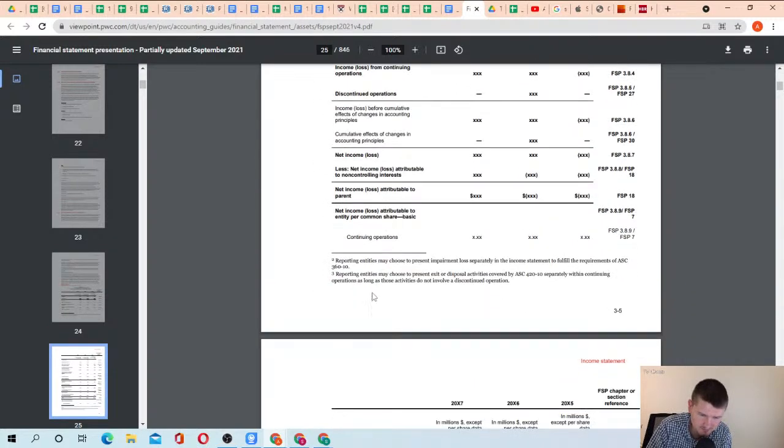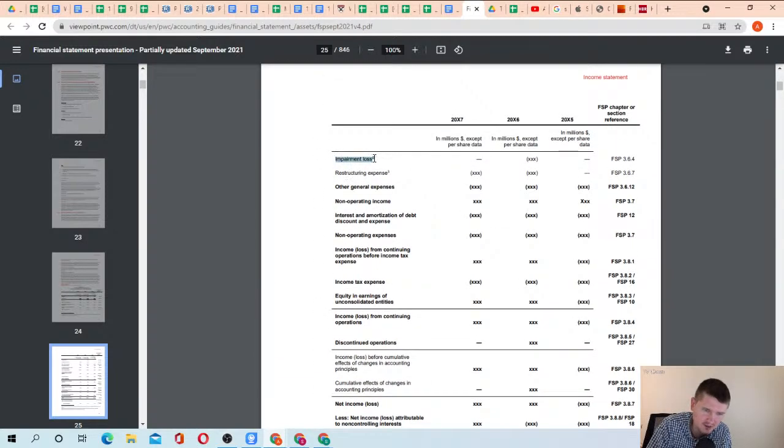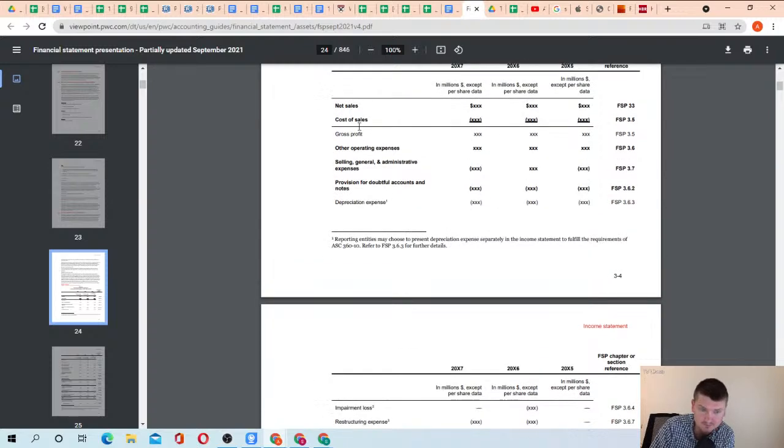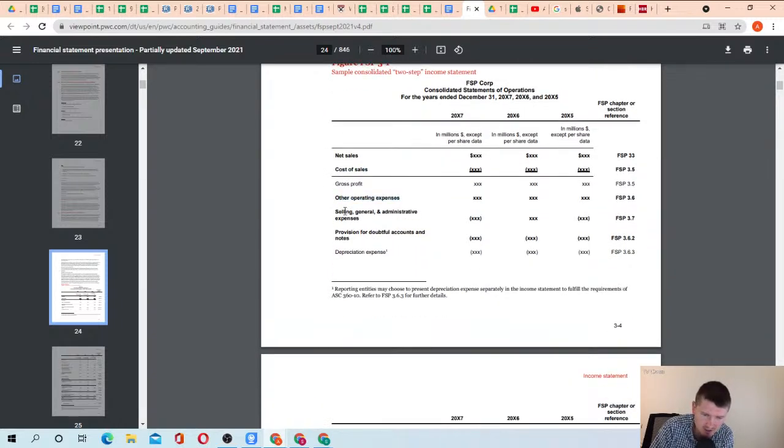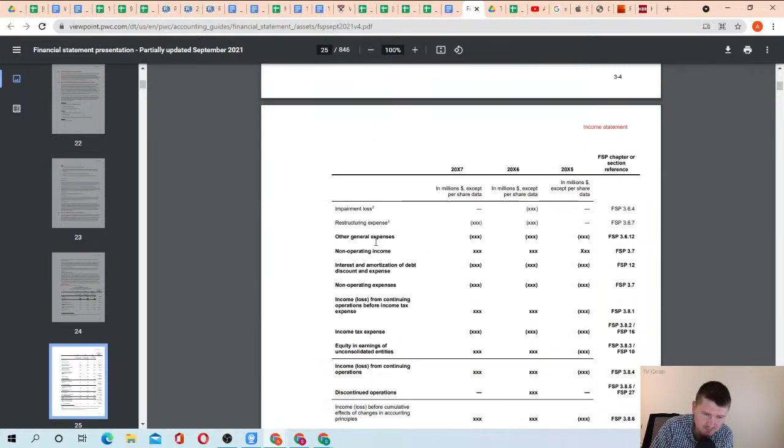Impairment loss. So basically, even though these are not bold, you need to consider additional guidance if you want to reflect that in your financials. So we start with net sales and cost of sales, calculate gross profit. Then we have other operating, selling and general, doubtful accounts, depreciation, impairment, restructuring, other general expenses.